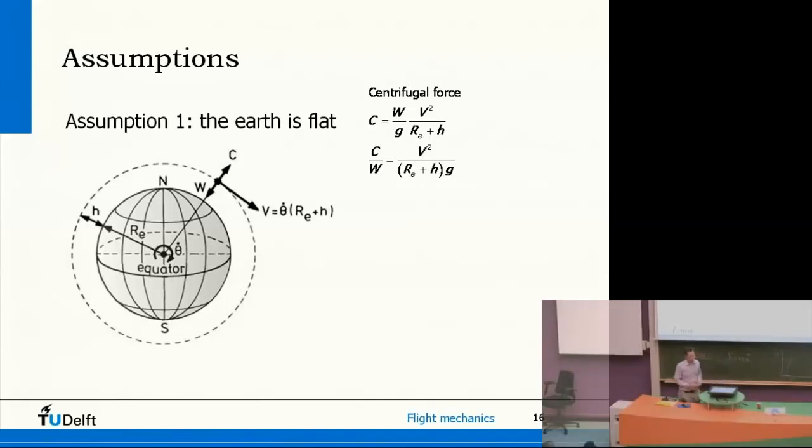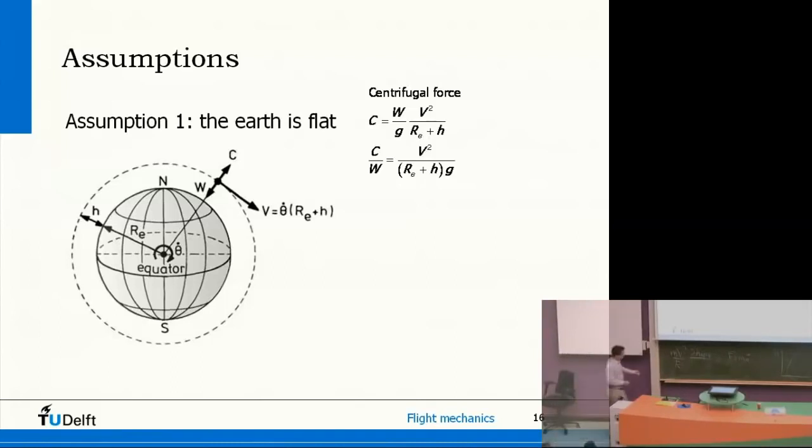Now, the centrifugal force is basically this: mV squared over r. If you look at the top equation, in our case, m is the weight of the aircraft in newtons divided by the gravitational acceleration. V squared is simply how fast the plane is flying.